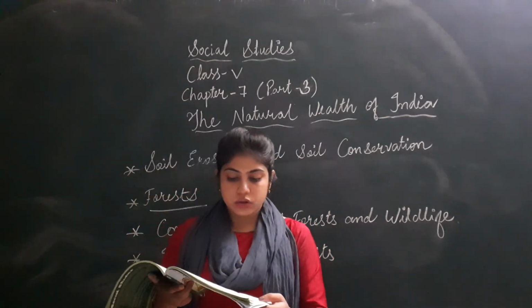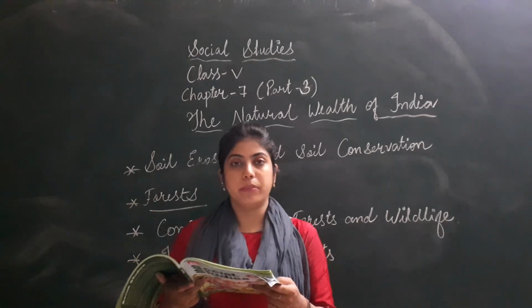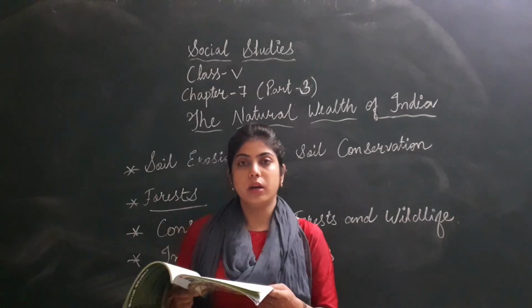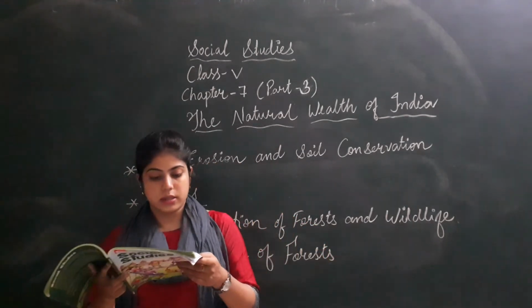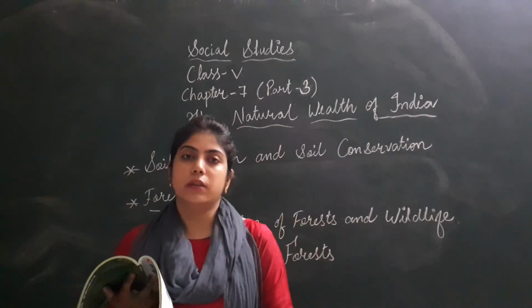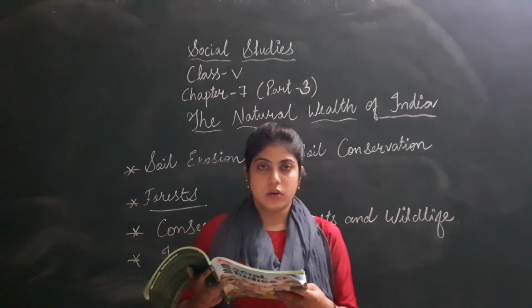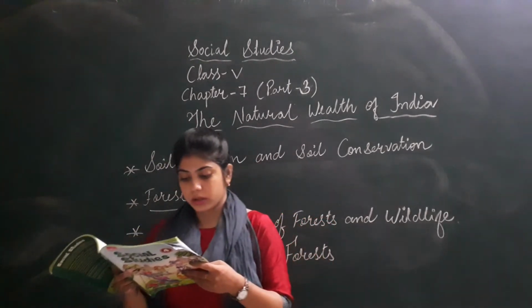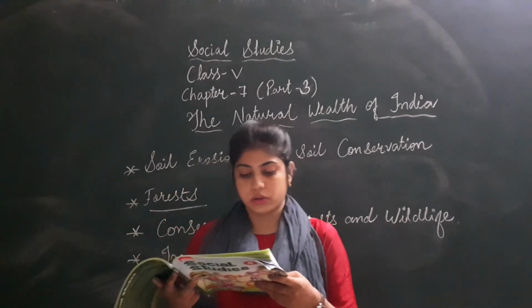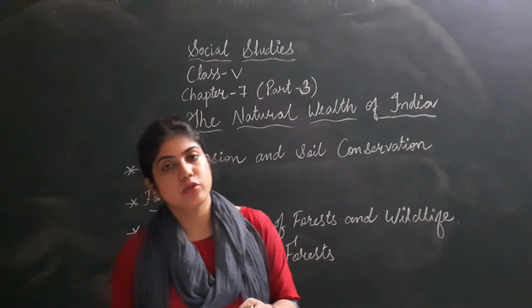They are the major source of wood pulp for making paper. So the paper that we get is also made from forest trees, right? That is the raw material we get from the forest. This forest also provides employment opportunities to people.